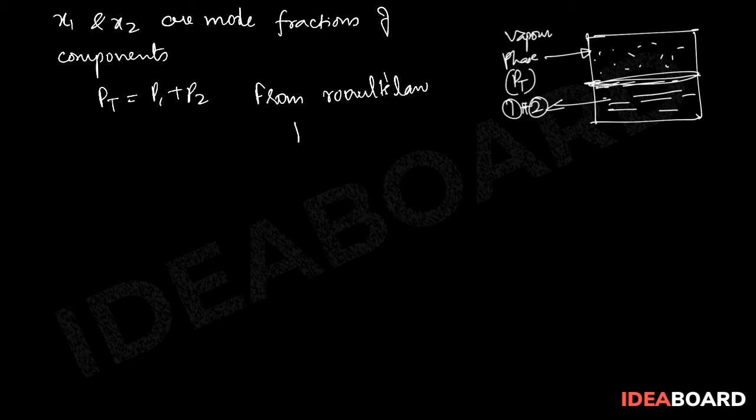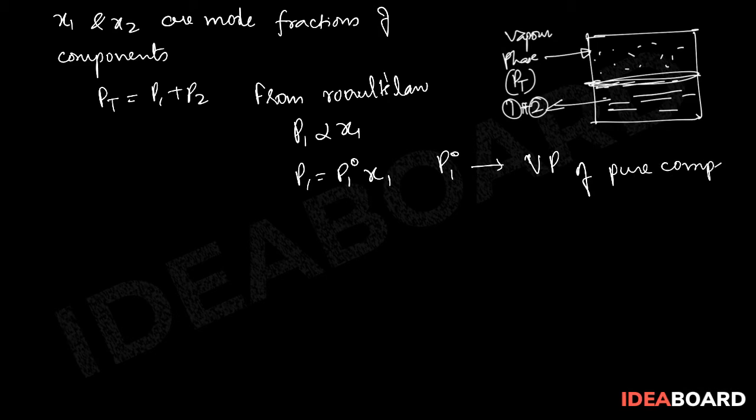we have P1 is proportional to x1. When we equate this, P1 becomes P1 naught into x1, where P1 naught is the vapor pressure of pure component 1 at the same temperature.